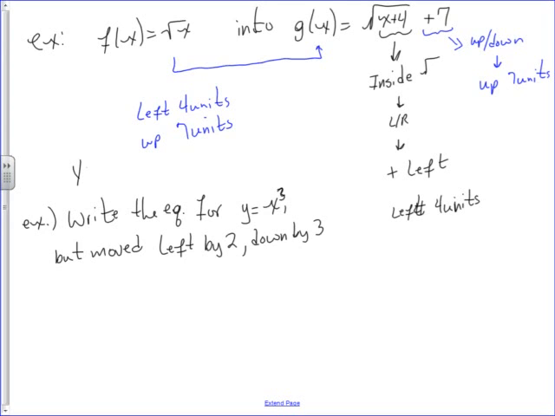I'm going to make this a U try. So pause the video and write me the equation for x cubed that has been moved to the left by 2 and down by 3.